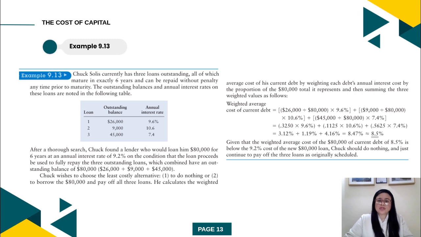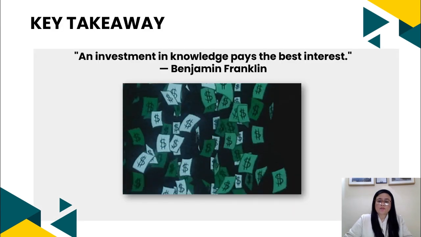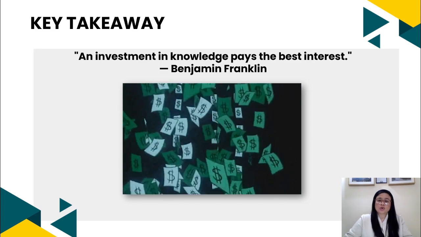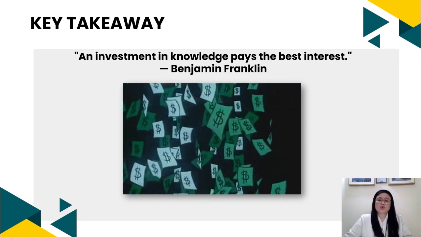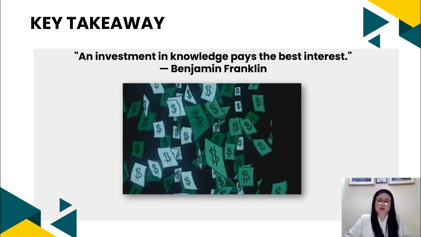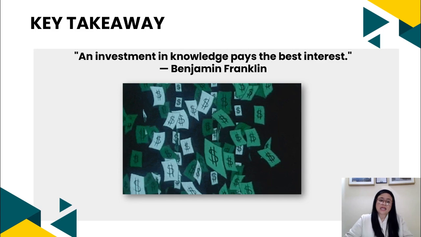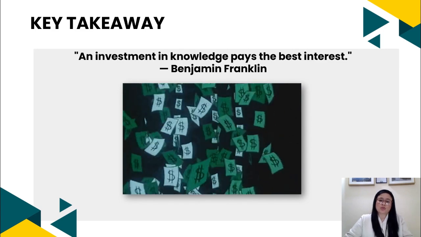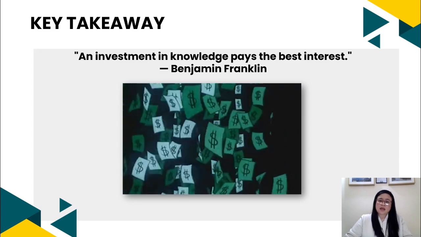Chuck should do nothing and continue repaying his current loans as this is the cheaper option. So it has been decided that Chuck should continue paying his loans as per the terms instead of getting 80,000 at 9.2% interest.